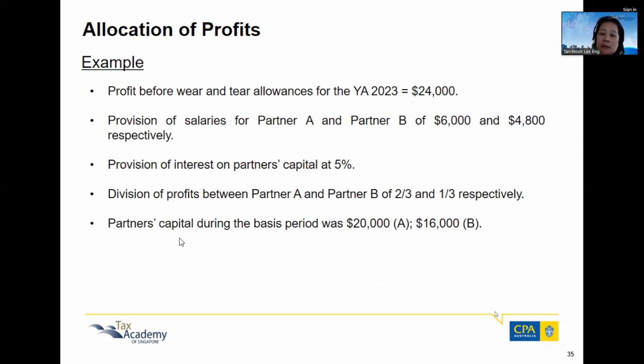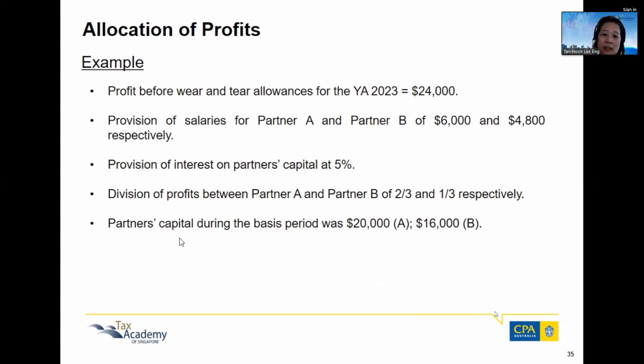These salaries are fixed, regardless of the performance of the partnership, and are paid to them: 6,000 to partner A, 4,800 to partner B. Then there's interest of 5% that the partners can expect to receive on their capital put into the partnership.